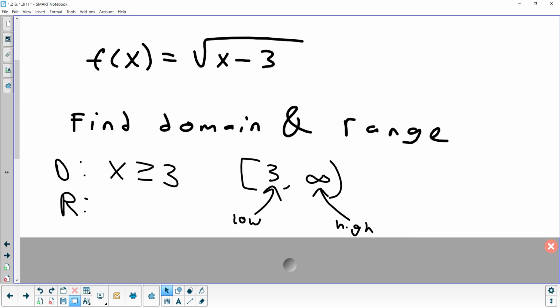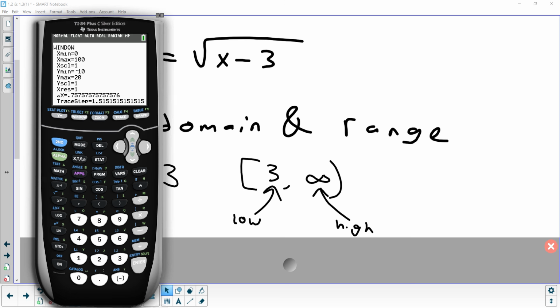The square root of 97 would give me a y value of a little less than 10, about 9.9 maybe. So on my y max, I don't really need to go any higher than 10. I'll do 12. All right, so let's hit graph and see what it looks like. Perfect. There's my square root, my sideways parabola.